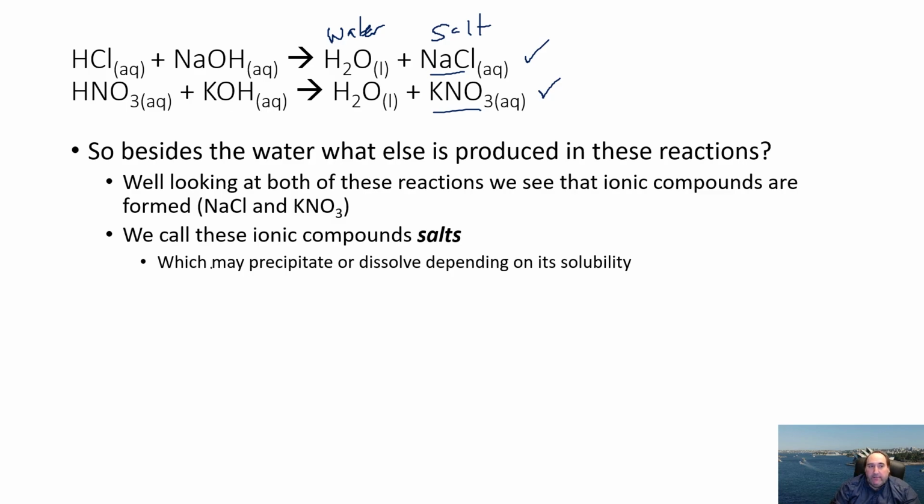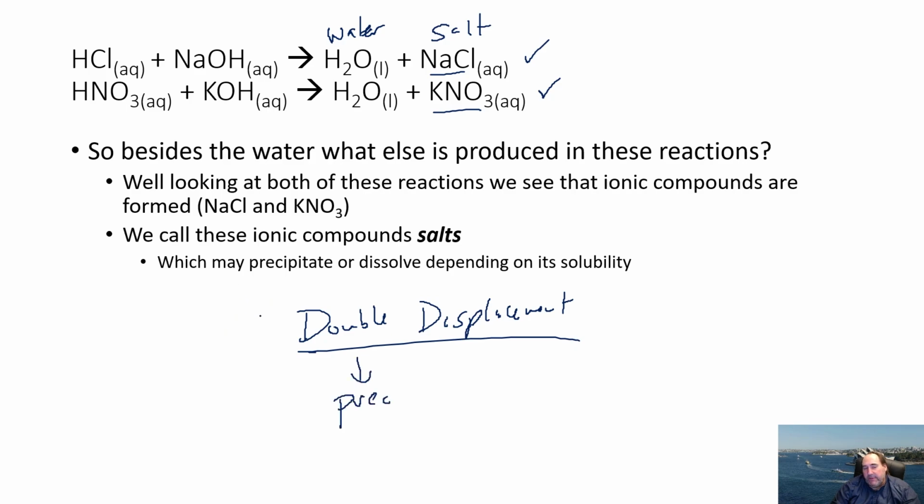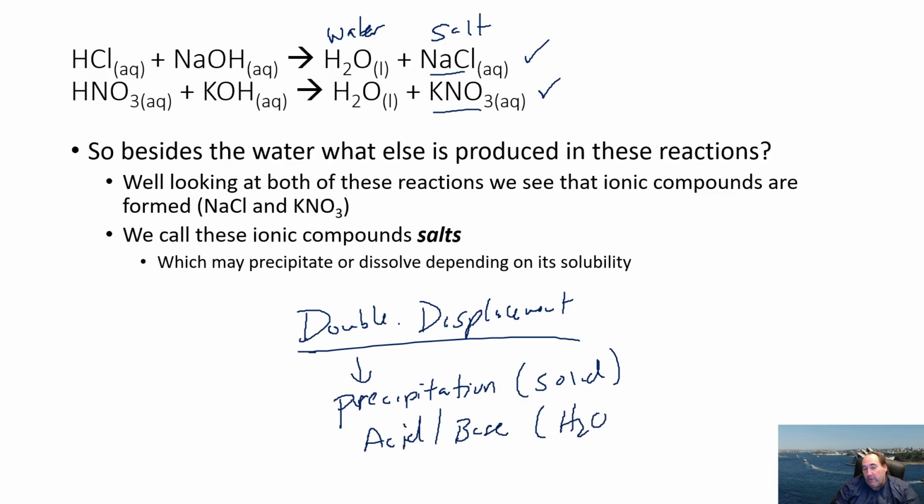So to summarize, double displacement reactions cover more specifically precipitation reactions, which is a more specific classification of that, which accounts obviously for solids being formed, and also acid-base reactions or acid-base neutralization reactions, which covers basically water being formed.